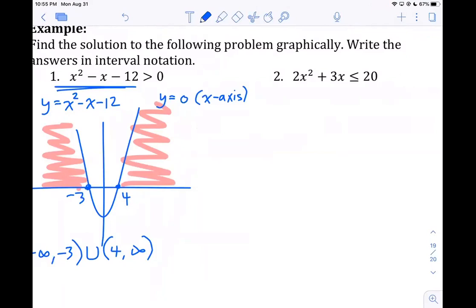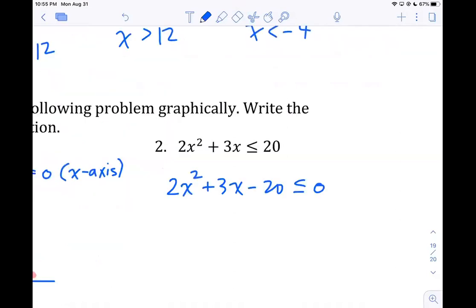So again, like I kind of said before, you should always make it equal to or compare to 0. So do it like this, and then put it in the graphing calculator or decimals to check. So now I'm going to show you how to do this with a graphing calculator.